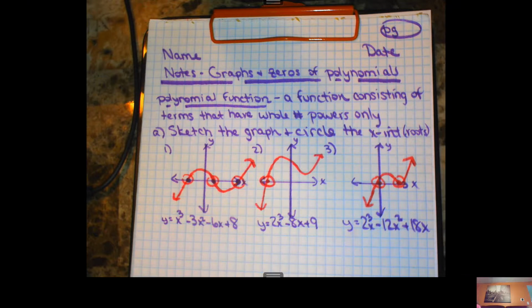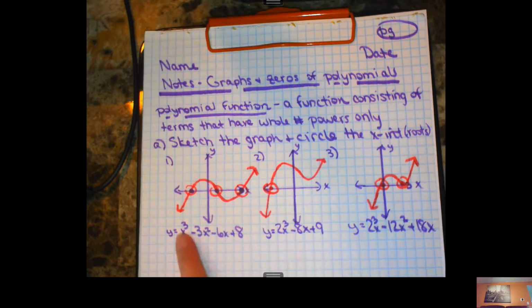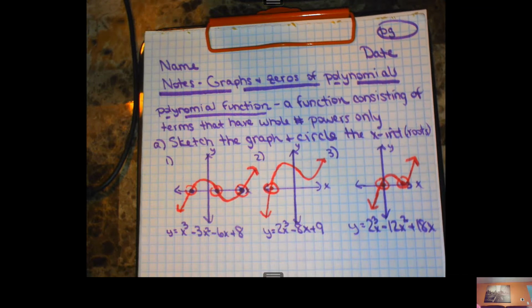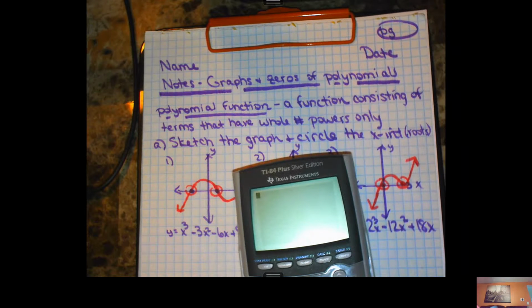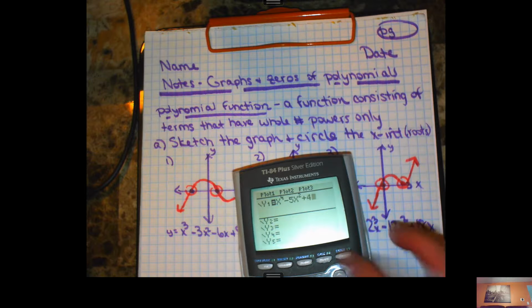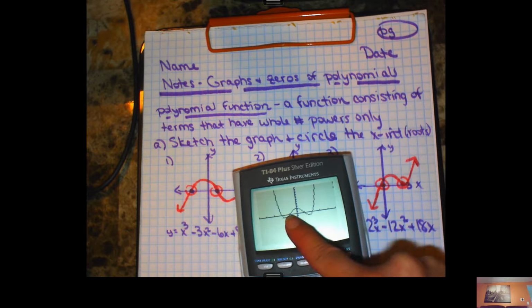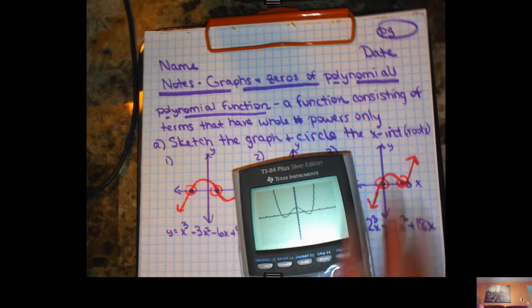So the thing I wanted you to notice is when we have a power of 3 function, you could have up to 3 zeros. When we have a power of 4 function, I will make up an example here. If I go to y equals, and I'll put in x to the 4 minus 5x squared plus 4, just to show you what one would look like. When we have a quartic function, we could have up to 4 zeros, 1, 2, 3, 4, touching it 4 times.